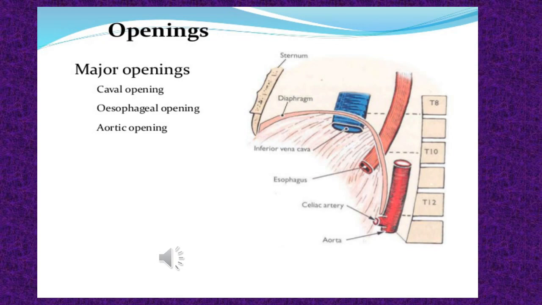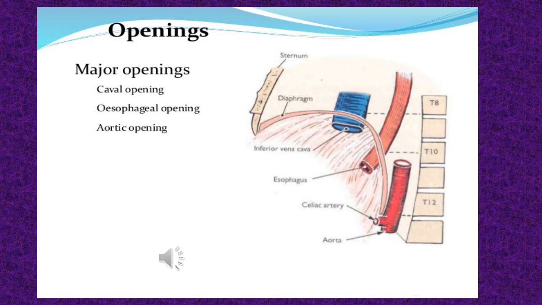The inferior vena cava opening, or vena cava opening, lies in the central tendon of the diaphragm at the level of the 8th thoracic vertebra. It transmits the inferior vena cava and branches of the right phrenic nerve.